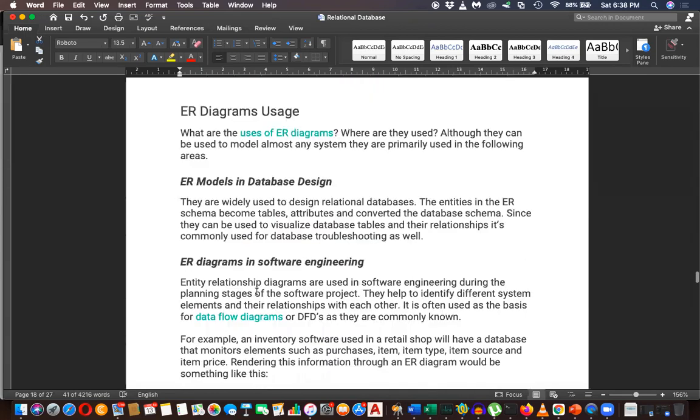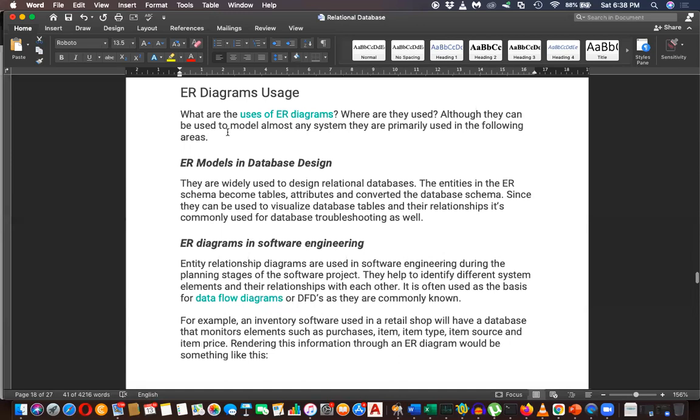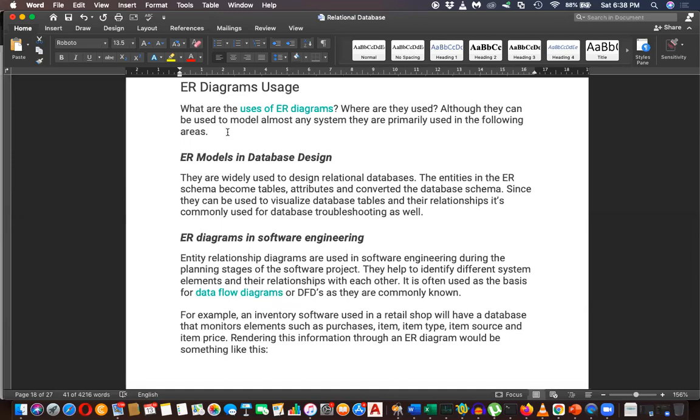As I said, ER diagrams are used primarily for database design, and not only that, in software engineering, in the planning stage. I said that it's very important to plan. This I would like to highlight: the ER diagram is used in the planning stage of the software project.